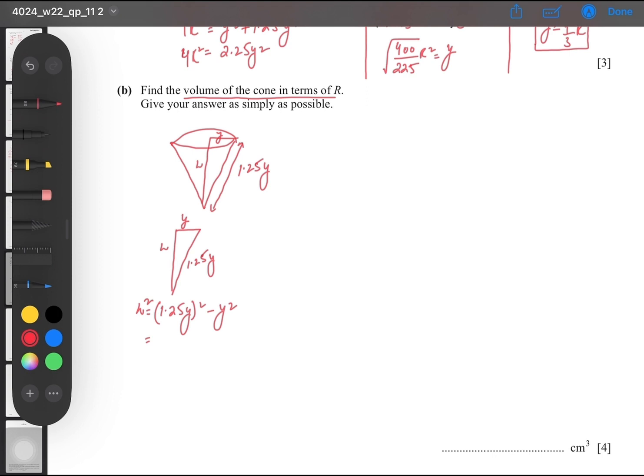This is 125 over 100 y square minus y square, which is 5 over 4 y square minus y square. Now I'm going to make the denominator the same.